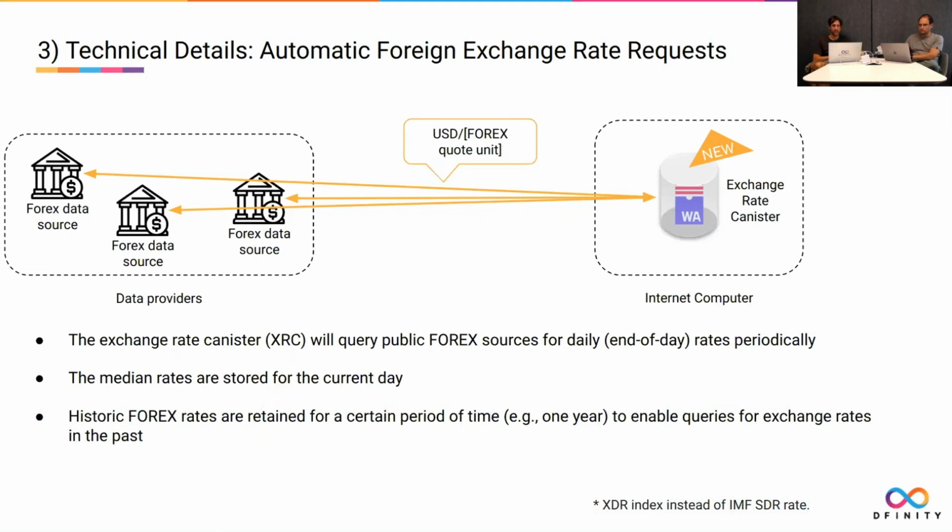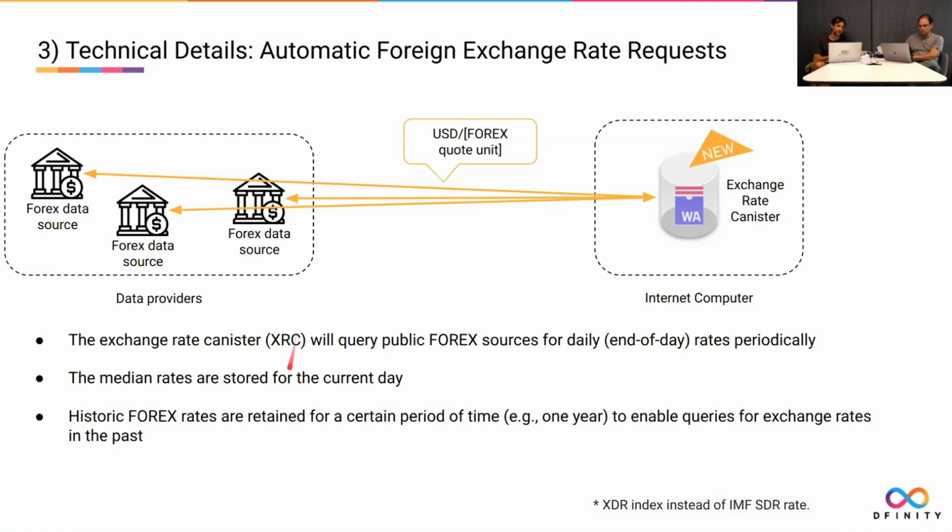And most providers of Forex data provide end-of-day rates for all the major fiat currencies. So we are going to have the canister simply query all the sources periodically to get the latest end-of-day rates.